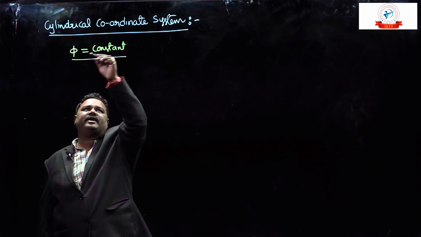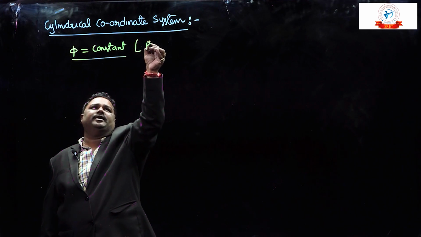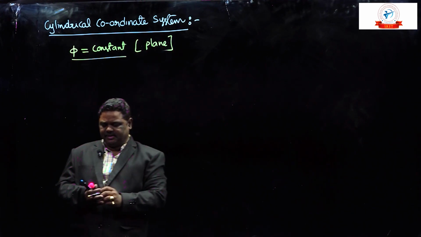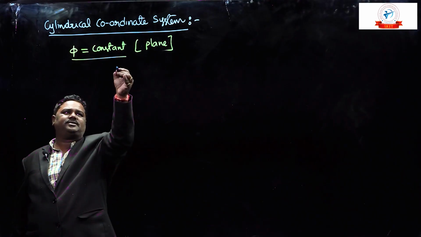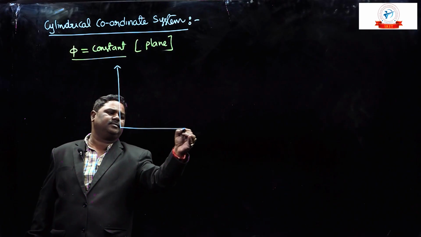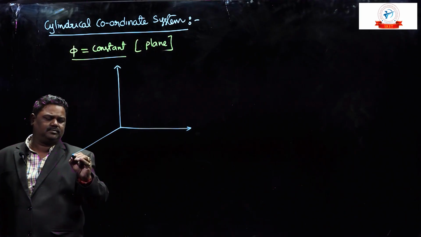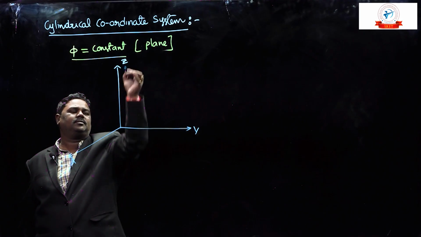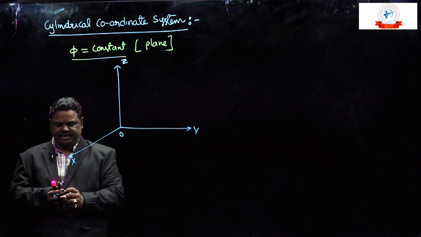Here phi is equal to constant represents a plane. So consider the coordinate axis.